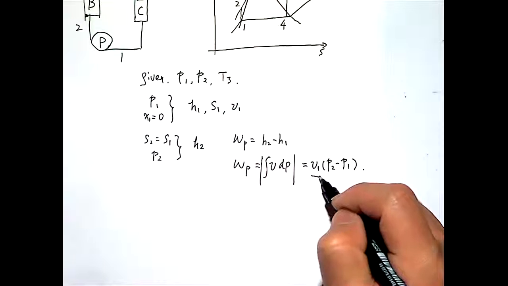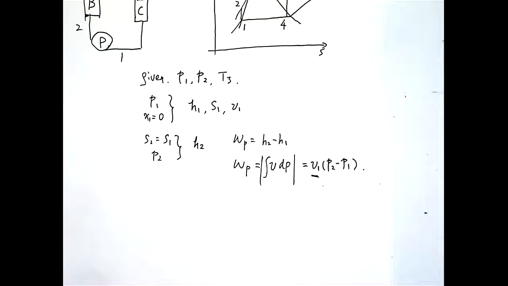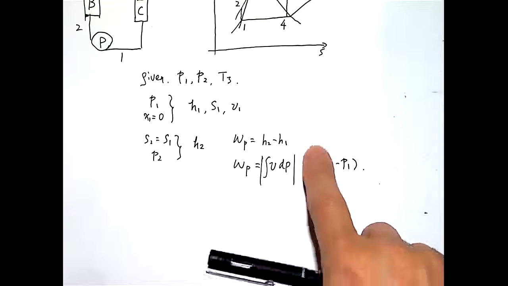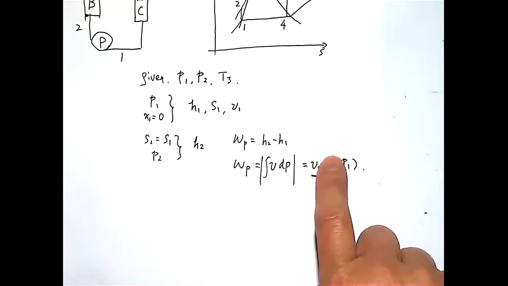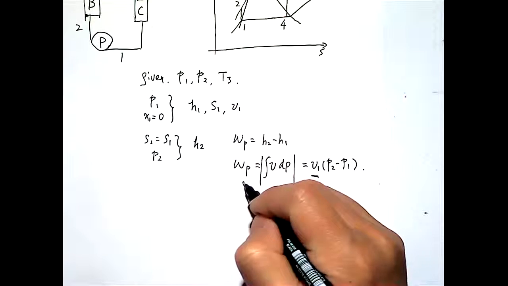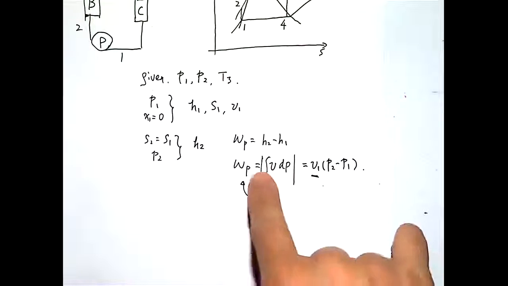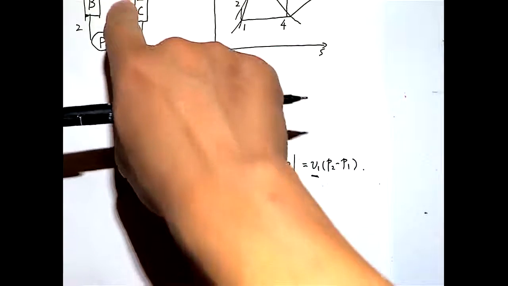The V1 is very small. The specific volume of liquid water has a very large density, which means its specific volume is very small. So this is a very small value. Even times the pressure change, the total value is very small compared to the rest of the energy terms. So the one thing you want to be aware of, the pumping work is a work in the entire calculation, but it's an order of magnitude smaller than the heat input and heat rejection, as well as the turbine work, right?